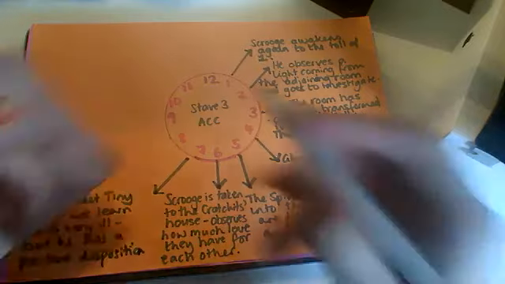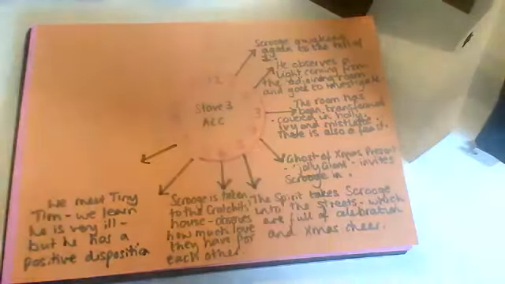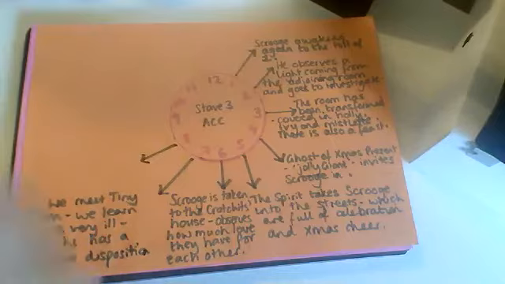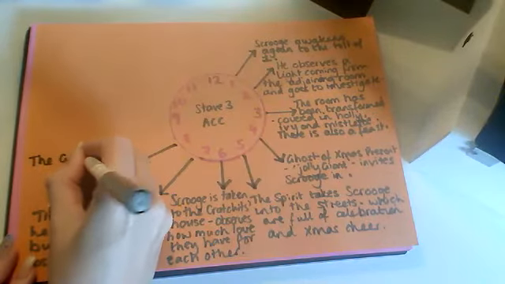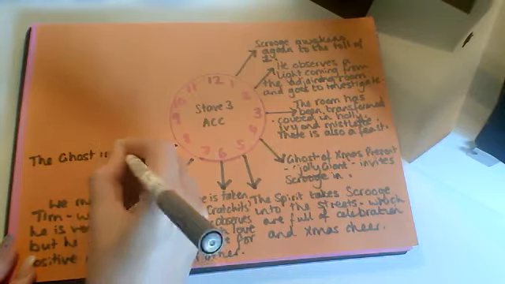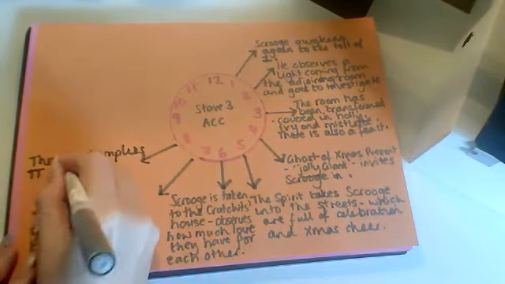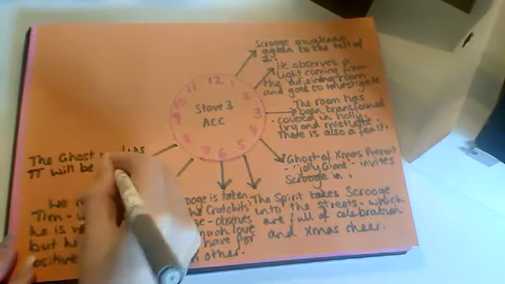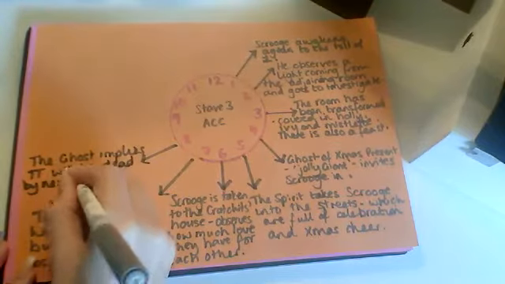And then the next point, which is still on the Cratchits, as I said, is an important part of the stave. Okay, the ghost implies that Tiny Tim will be dead by next Christmas.